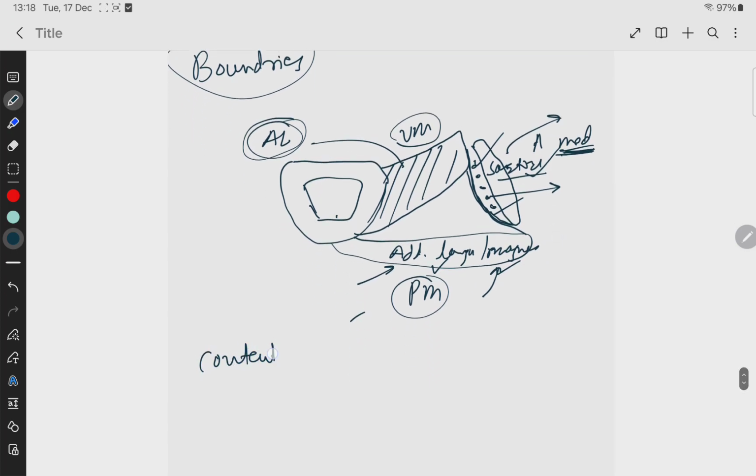What are the contents? In the contents there lies first the femoral artery.